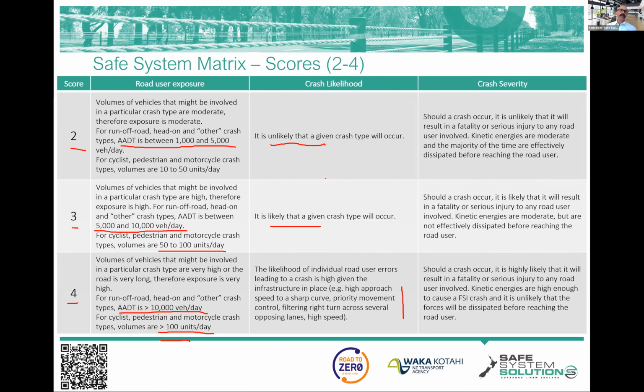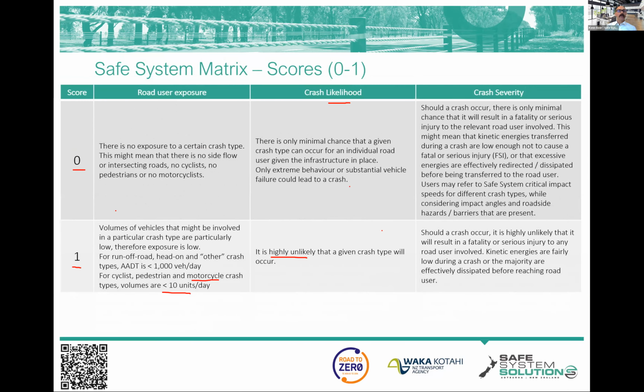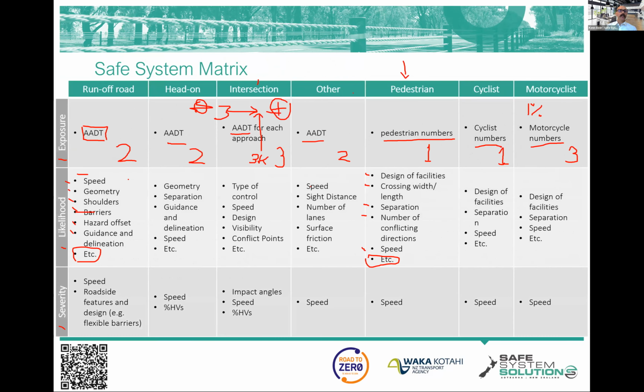And the big influences are going to be things like speed and sight distances and the control of the intersection, or the length of the road, the speed again, the surface conditions, whether there's good delineation and lighting and all of those things. So you'll make a judgment call, but you make it after you've dot pointed out lots of things to help you calibrate that.